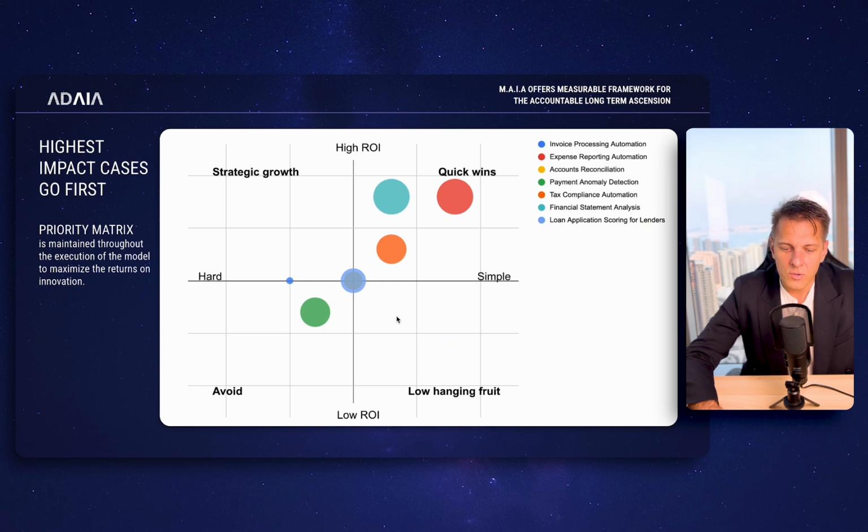And then you take care of the lowest hanging fruit, which maybe have lower ROI but are still simpler to implement. So that's your ground for continuous evolution of your AI native culture and DNA in the company, and then move on to the strategic growth quadrant here. And so avoid the bottom left quadrant by all means.